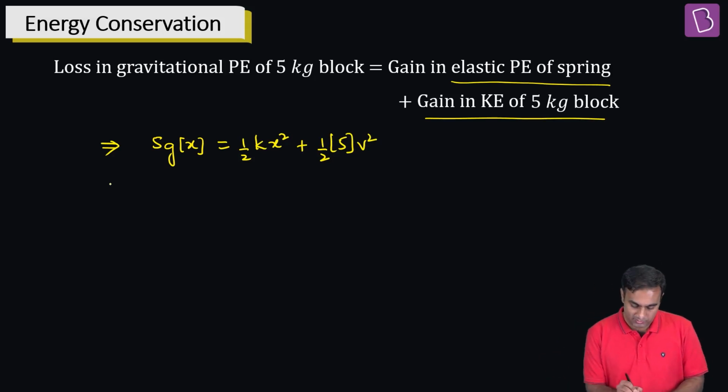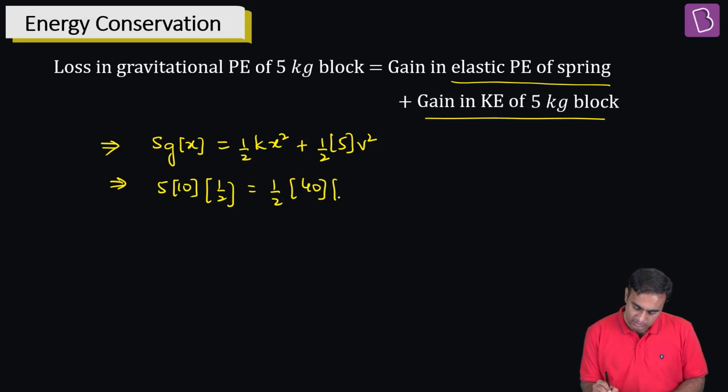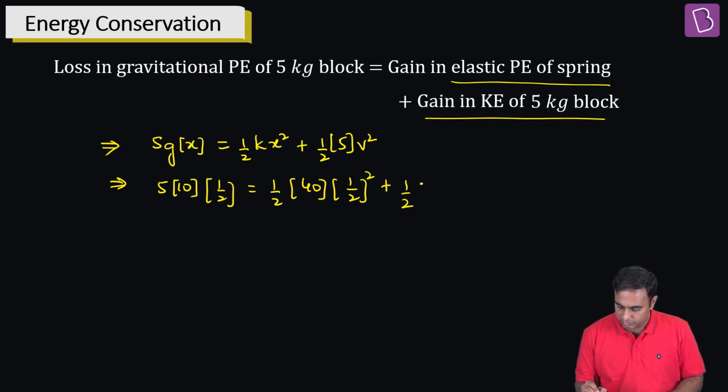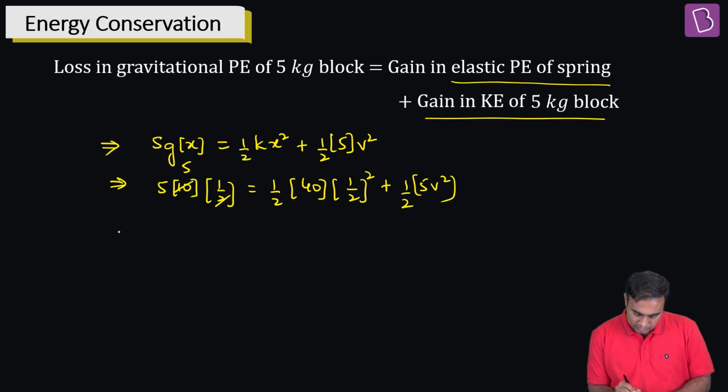Now, let us substitute the values. g is 10 meter per second square, x is half, k is 40, x is half again, plus half into 5v square. Simplify further. You will get 25 on this side.